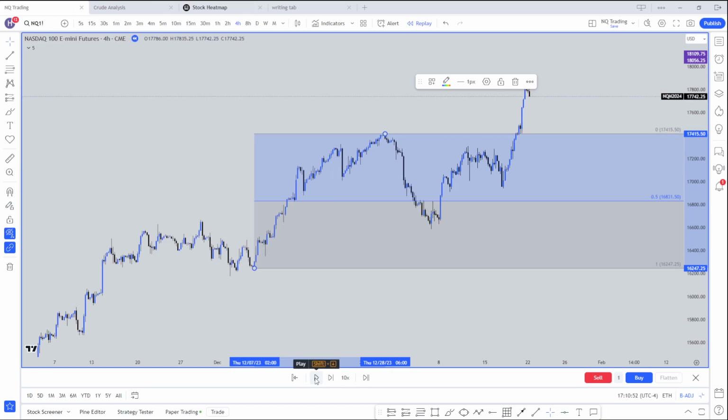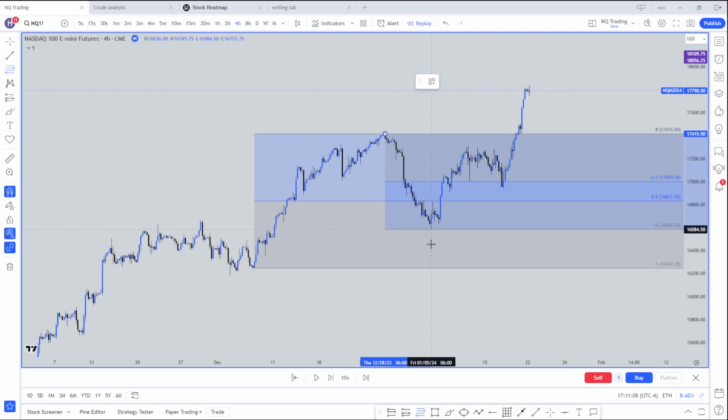Now let's look at something here. So here we have a dealing range into a discount. If you were to put another fib on this from this point to that point right there, you can see that price comes down, back up, and this is interesting.